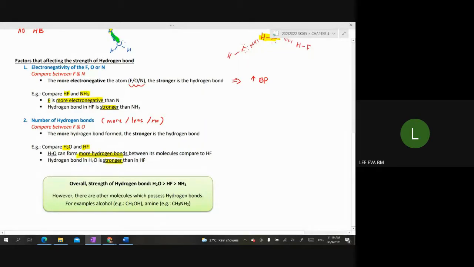Therefore, it will have a stronger hydrogen bond compared to HF, even though fluorine is more electronegative. So you must remember the example for H2O.